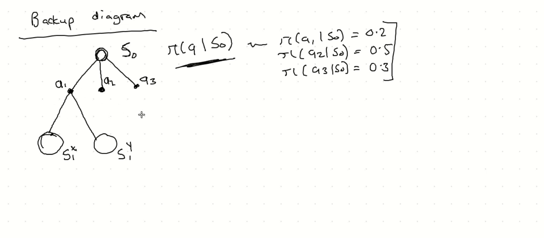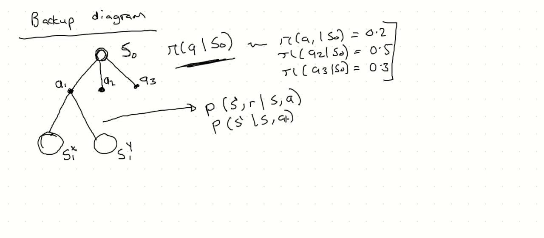So what does this actually mean? It means that we have a probability of ending up in state S prime, where S prime can be S1x or S1y, getting some reward R given that we're in some state S and take action A. For simplification, we will abuse this notation a bit and just represent it as S prime given S comma A. So these two you can just think of as interchangeable, because most of the time these are associated anyway.